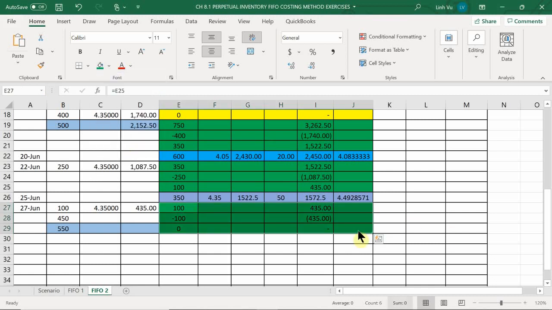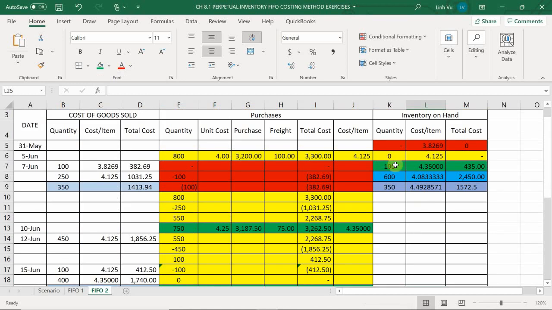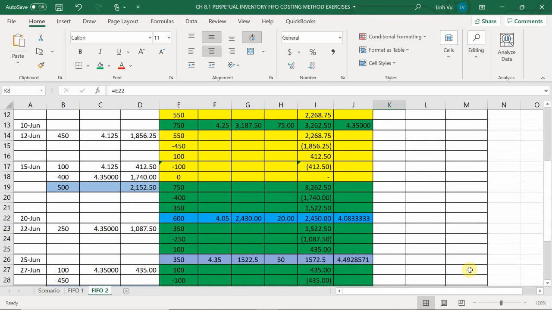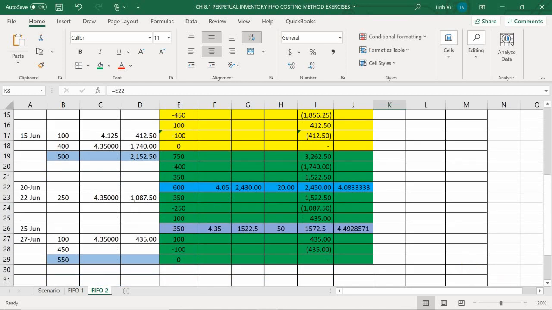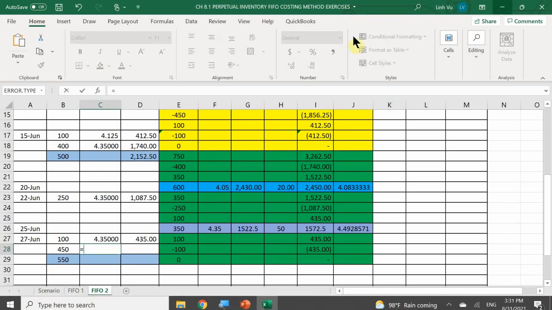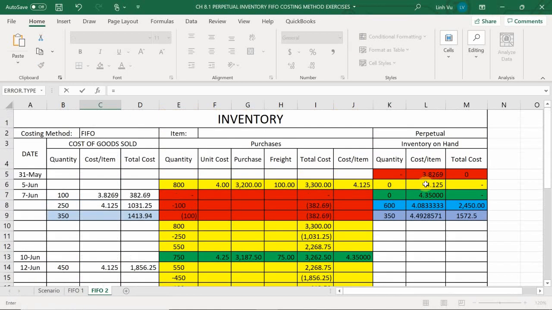Once again, we're going to go up here and eliminate it from my inventory on hand. So the next batch of inventory I'm going to be taking out from is the blue batch for a total of 450 units. So my 450 units, at what cost per item is my blue batch of inventory?